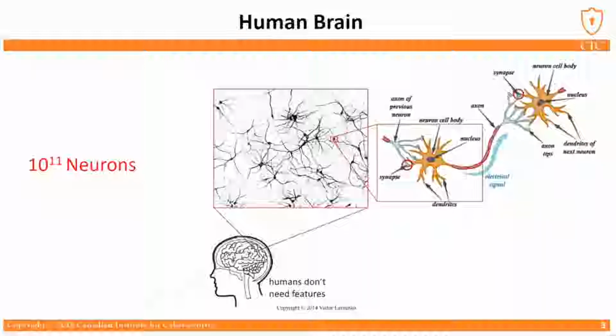So first we should start from the brain. Here is a picture of our brain. The human brain is an extremely large interconnected network of approximately 10 to the power 11 neurons. Here we can see neurons, and this is a neuron cell body.